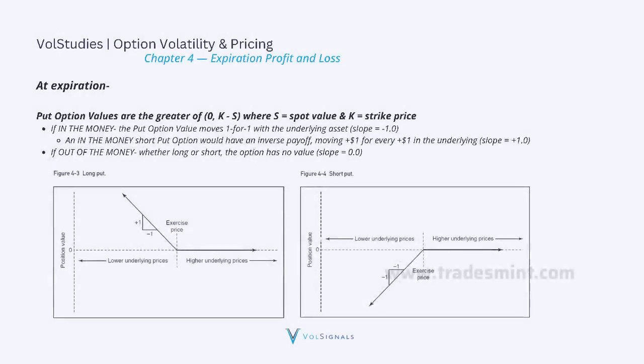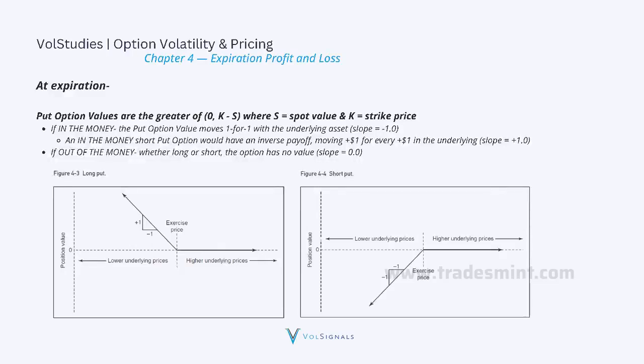Now, moving over to put options, we know that put options give the owner the right to sell, or put, back the underlying asset to the writer of the option. This means that instead of a payoff determined by S minus K, we flip this, and the payoff is K minus S, or 0, of course, because the payoff of an option to the owner of an option cannot be negative.